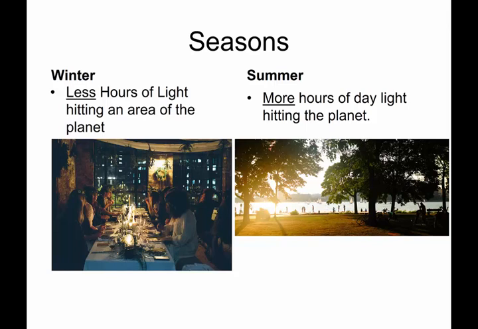The other thing that affects this temperature variation is the hours of sunlight. In the winter, there are actually fewer hours of light that hit our area in North America than in the summertime. As you might recall, if you go out to a holiday dinner on a winter evening, it might be dark by 5 p.m. That easily happens in the northern part of the northern hemisphere.